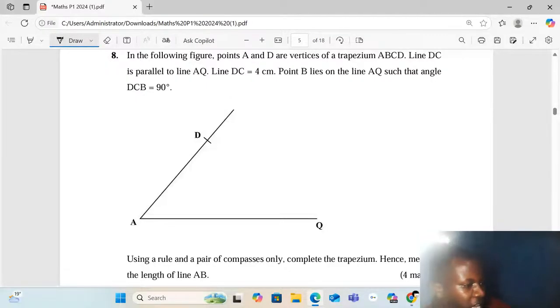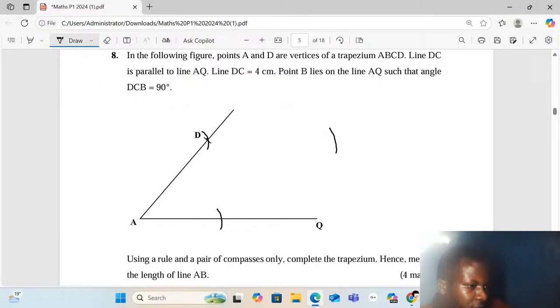Having your compass, be at point A and mark point D, making an arc using the same measurement on line AQ. Having that, be at point D, then make an arc somewhere.